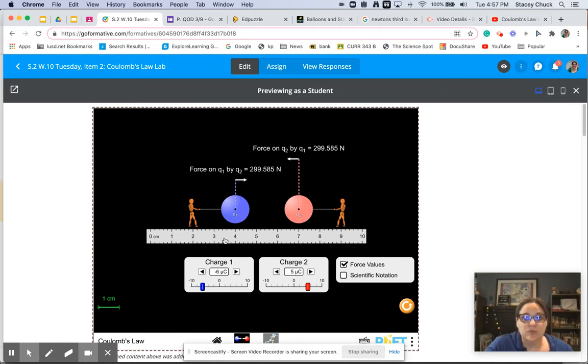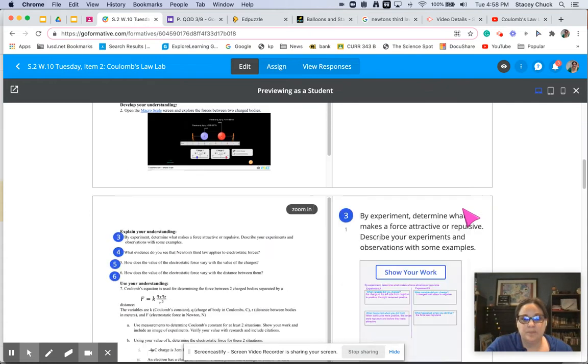So this shows a direct relationship between force and charge. If charge increases, so does the force. This means that the opposite should also be true. If I decrease the charge, it should decrease the force. Decrease charge, decrease force. We can see that illustrated here using the simulation.